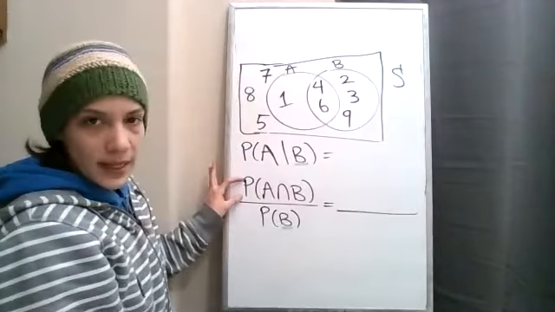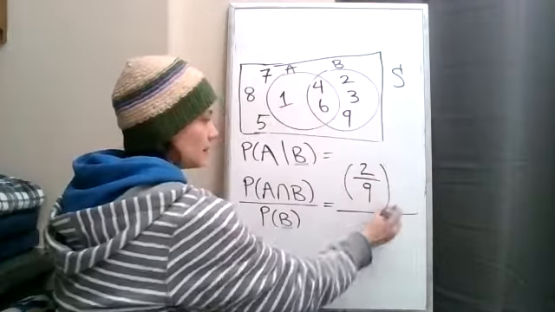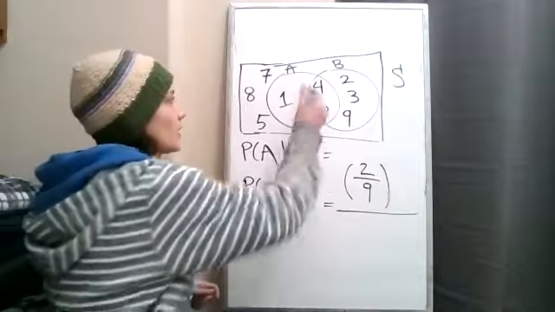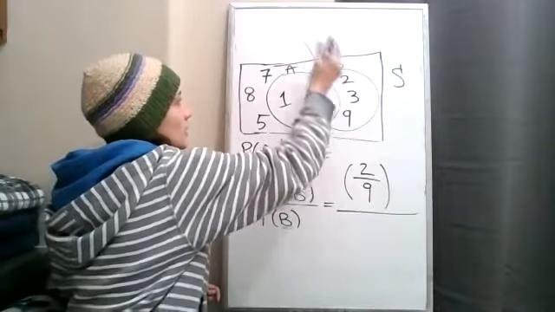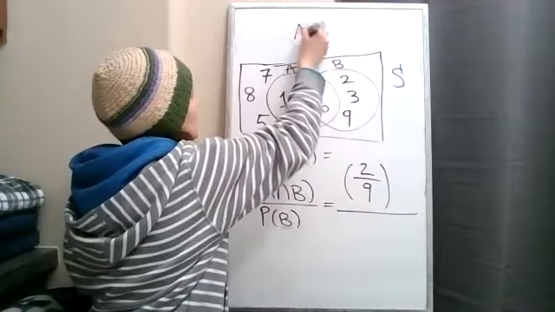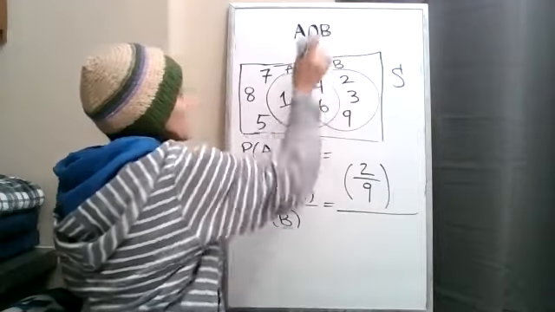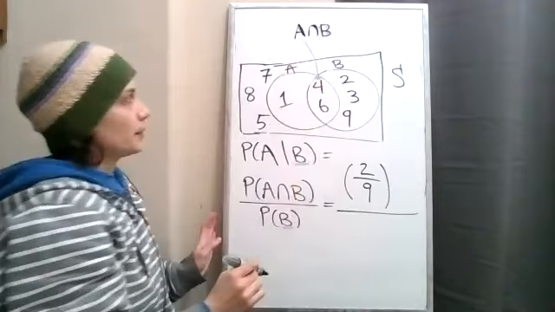So each probability will be a fraction. The first one, the probability of A intersect B, is going to be the 2 outcomes from A intersect B divided by all 9 possible outcomes. Okay, and probability for B. B contains 1, 2, 3, 4, 5.